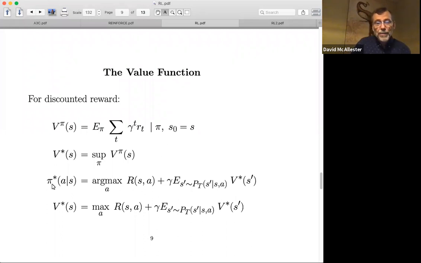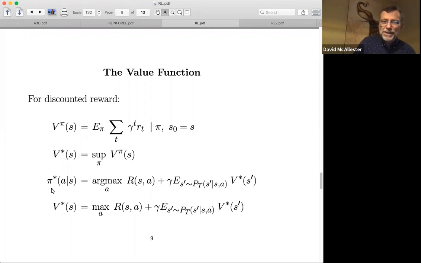Okay, so the optimal policy is choosing the action. It's an argmax over actions, and what it's maximizing is your immediate gratification, your immediate reward, plus a discount times your expectation over the next state of the best you could do from that next state.